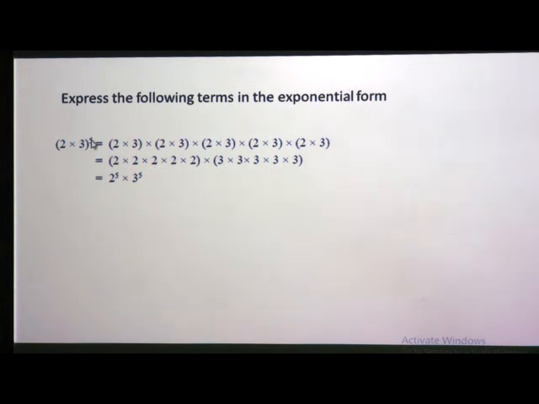So this 5 will be 2 raised to 5 as well as 3 raised to 5. In this way we have learned one of the properties, or the law of exponents: the power when it is together, that is 2 multiplied by 3, will be written as 2 raised to power 5 and 3 raised to power 5.